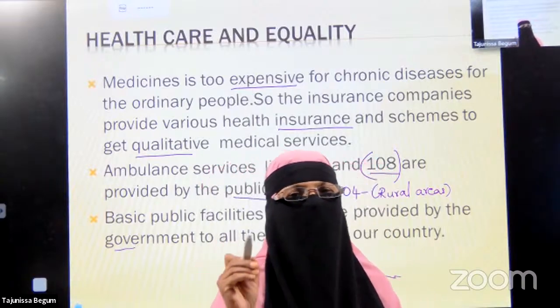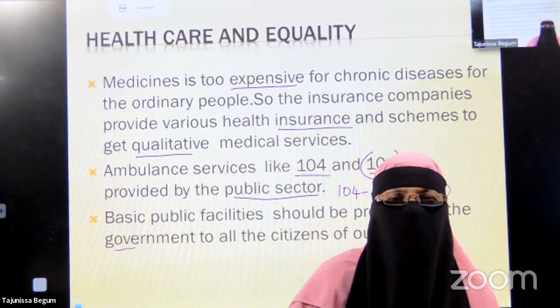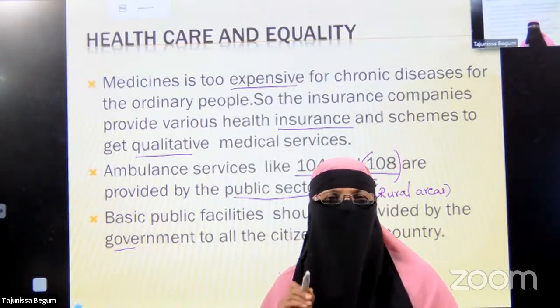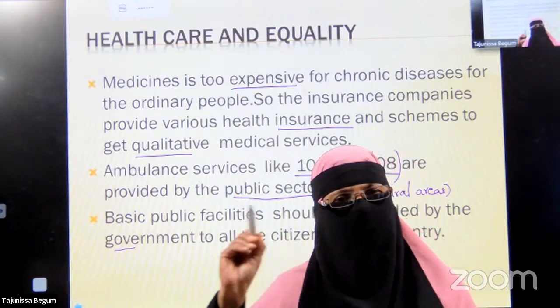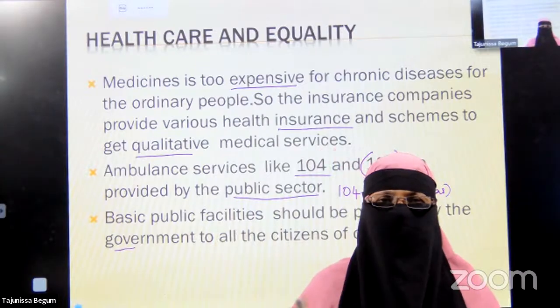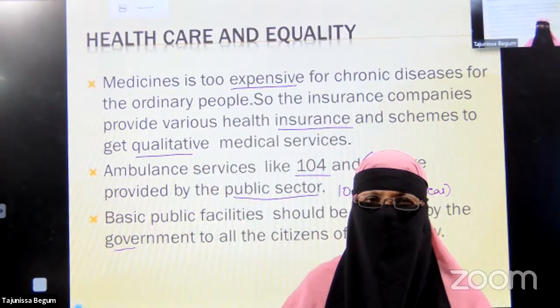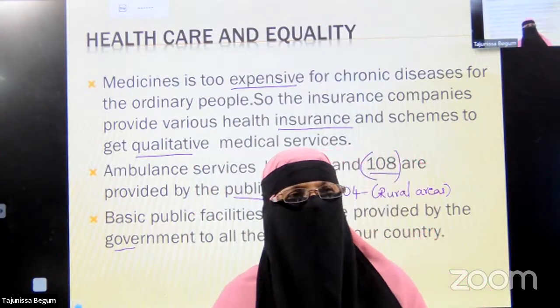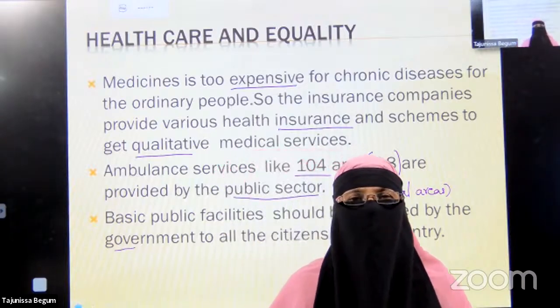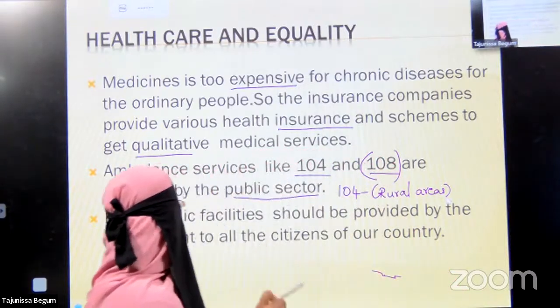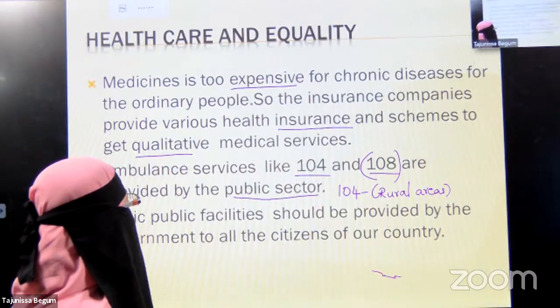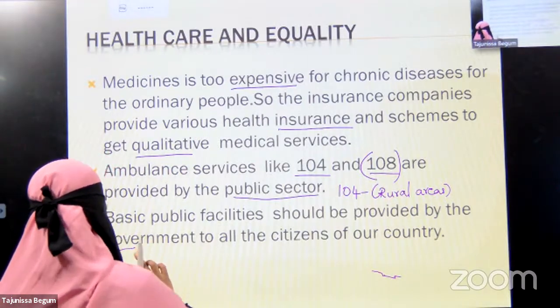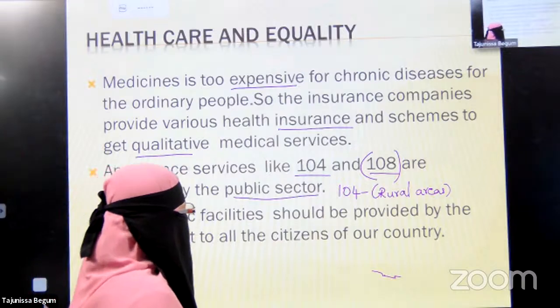When you give a call to 108, within no time the ambulance will come to your area and take the patient to the health centers. These types of benefits are provided by the government only. If you want to take a private ambulance, it will take a lot of money. So basic facilities should be provided by the government to all the citizens of a country.